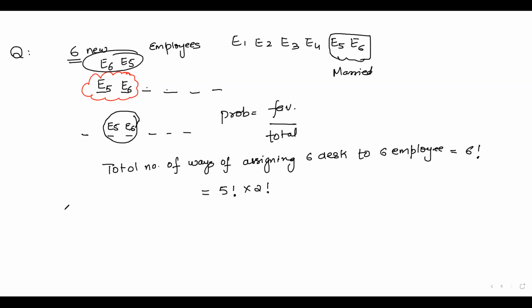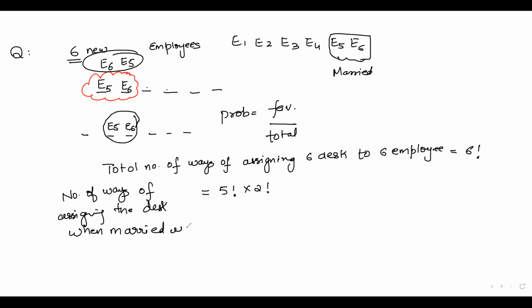So the number of ways of assigning the disks when the married couple will sit together, our favorable, is 5 factorial into 2 factorial.